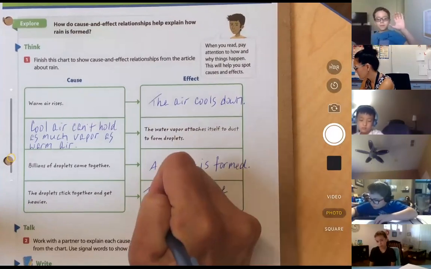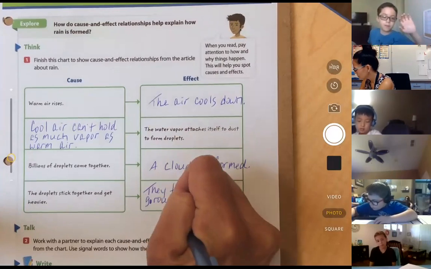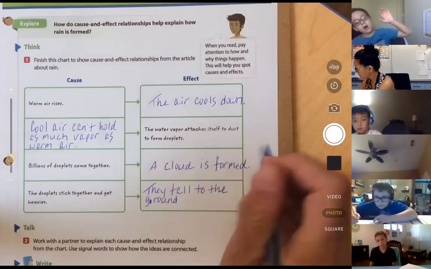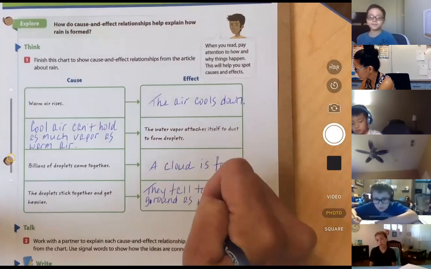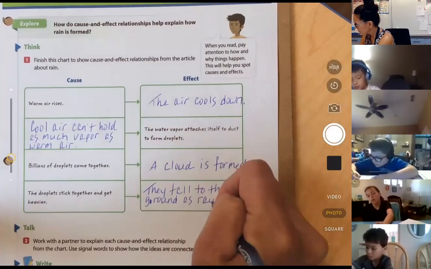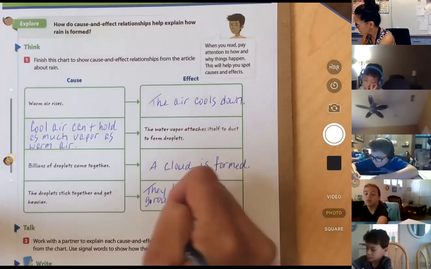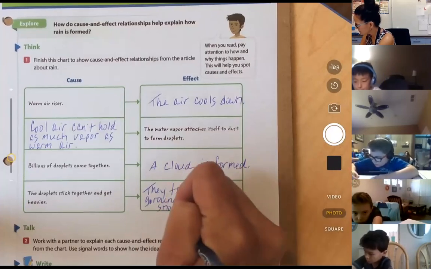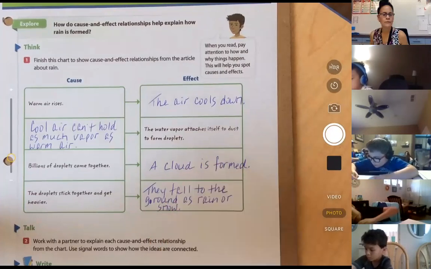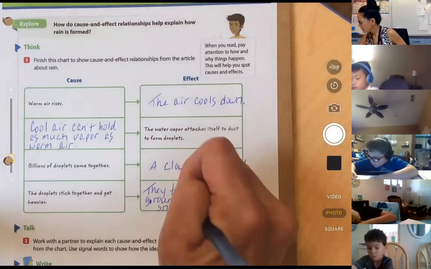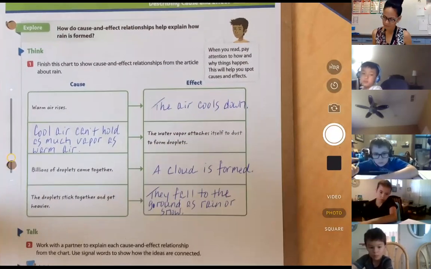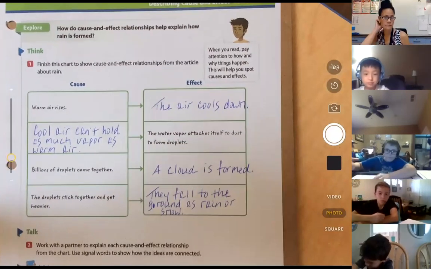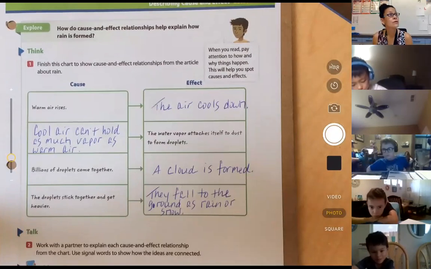Excuse my mistake there. There we go. They fall to the ground as rain or snow. And I'll give you just a minute to finish that up.